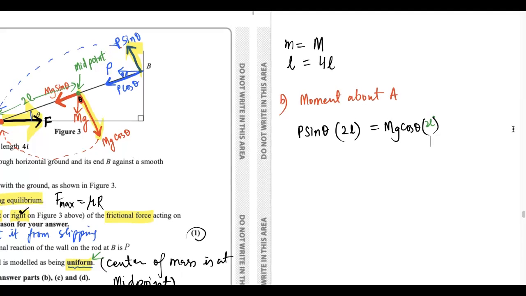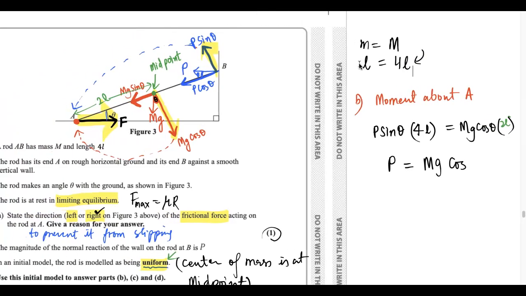Okay, now let's simplify this. We have to find out P. So P is going to be mg cos theta... Sorry, it was 4L, so we should write 4 there. I'm taking my words back.